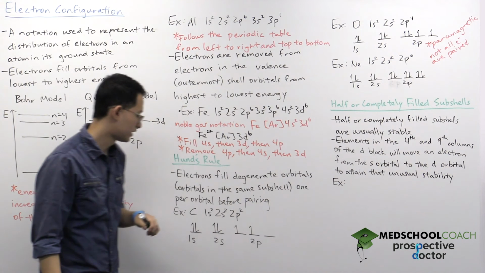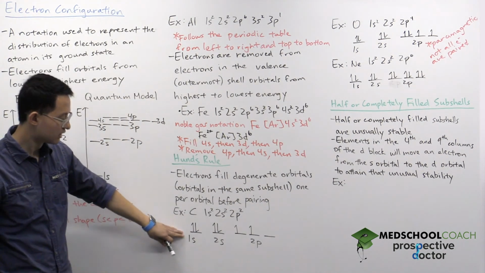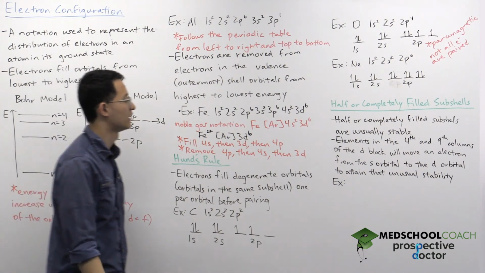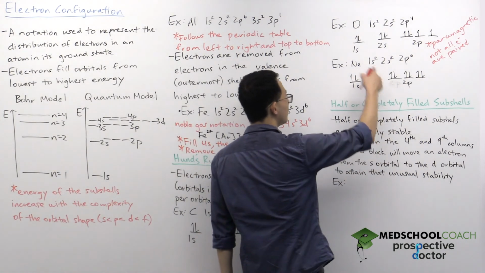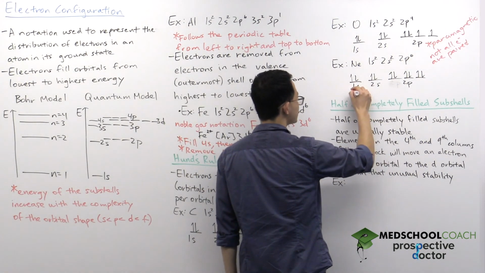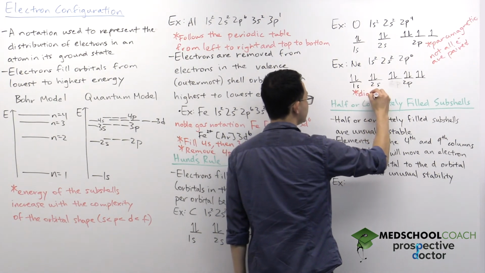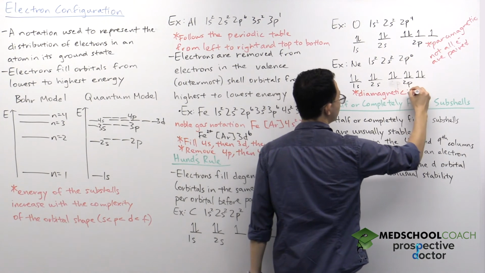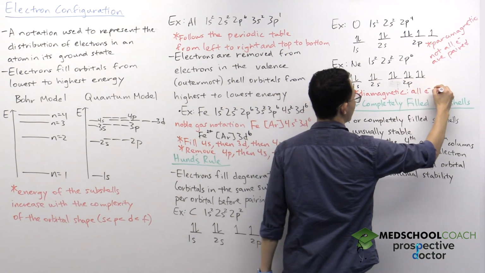Another example of a paramagnetic species is carbon, where similarly we can see that we have some orbitals where electrons aren't paired. So over here, neon, everything is paired, so this is a diamagnetic species. And here, all electrons are paired.